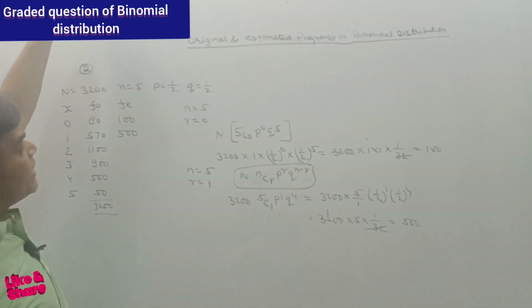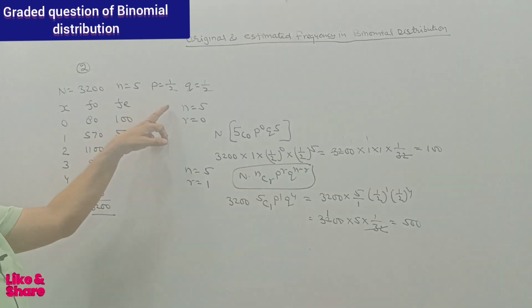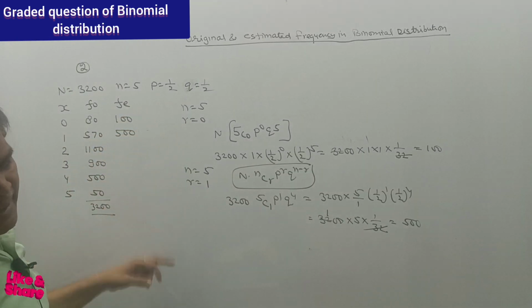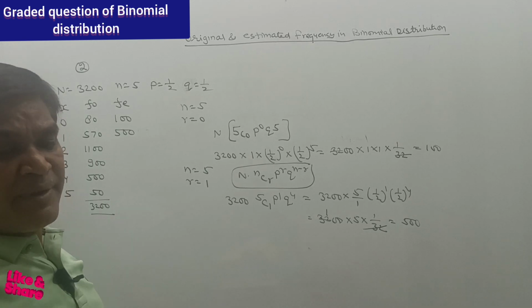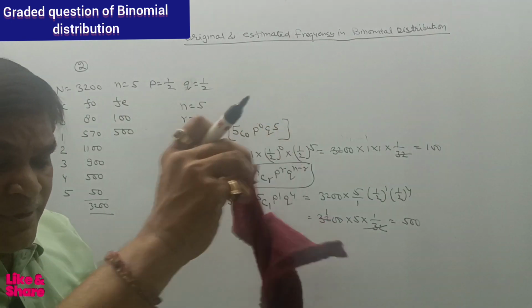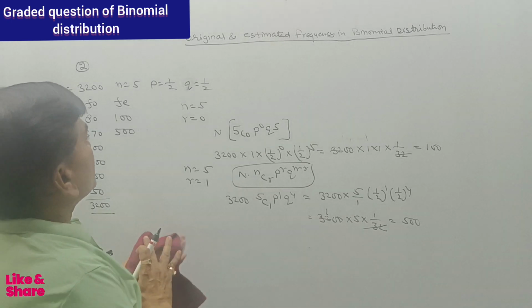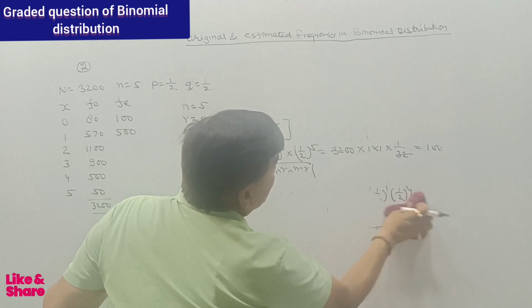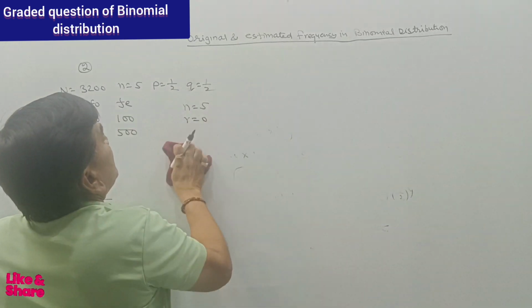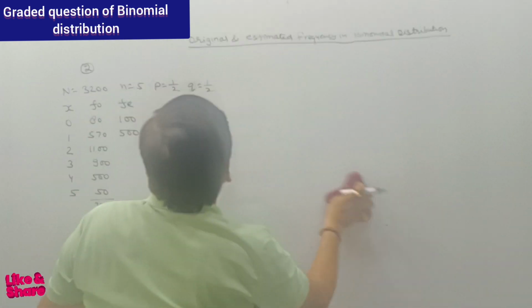So we have calculated two estimated frequencies, one for 0 head, second one for 1 head. Similarly, we will calculate the estimated frequency of the remaining items. So here the third one is n equal to 5 and r equal to 2.